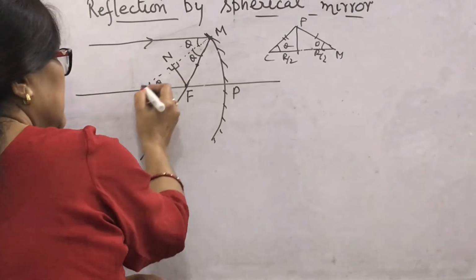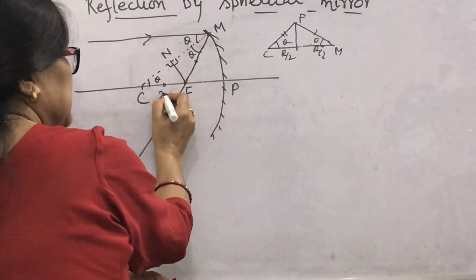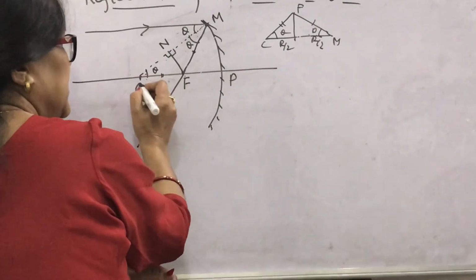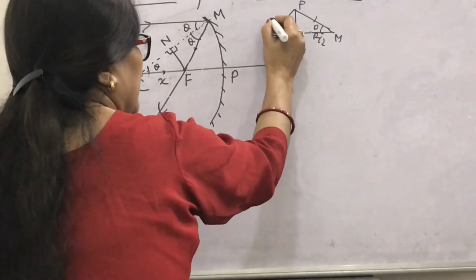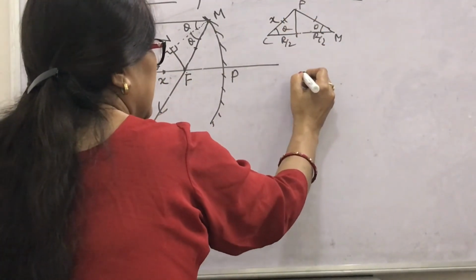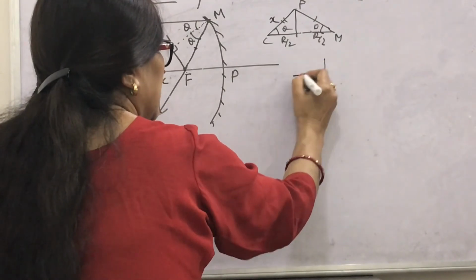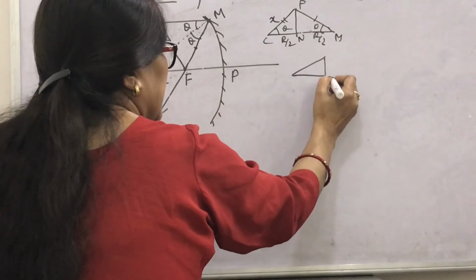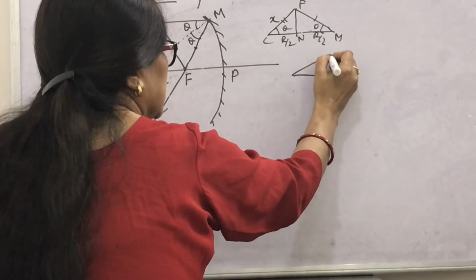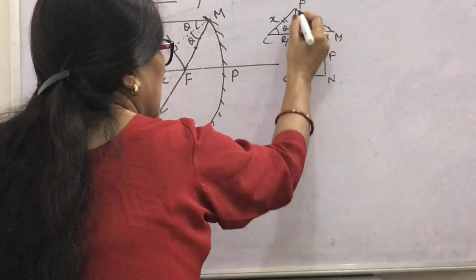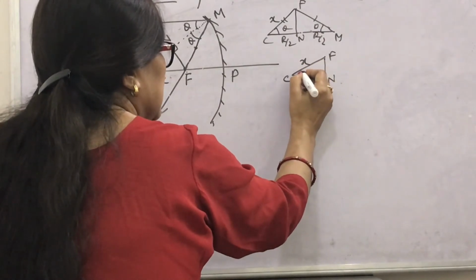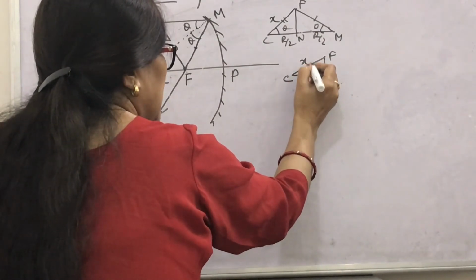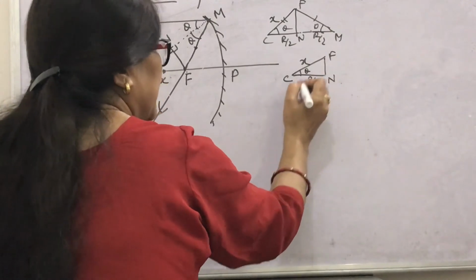In this triangle, suppose this distance from F to C is X. Then if you draw a right angle triangle in this way, with this point N, this F and this C, F to C is distance X, this angle is theta and this is R by 2.